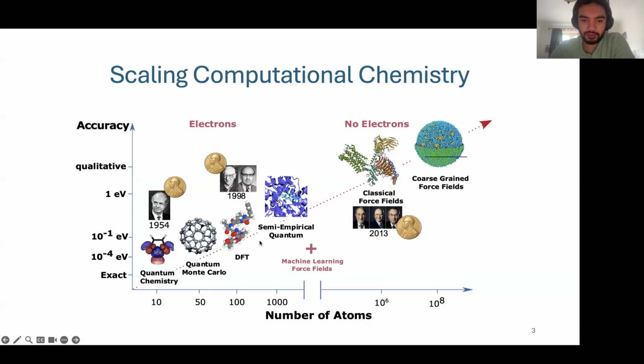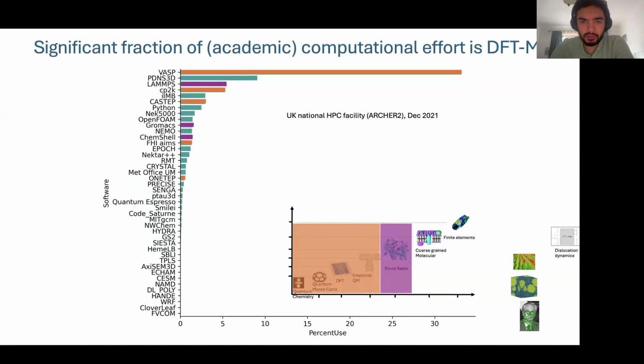And this is exactly what machine learning force fields try to do. In most cases, they try to learn the DFT and be able to reproduce it. But instead of being contained to a few hundred atoms, they want to scale it to 1,000 to 10,000 atoms. And this is extremely significant because if you look at the use of the UK cluster, this is the Archer CPU cluster in 2021, and it's the same in the last few years.